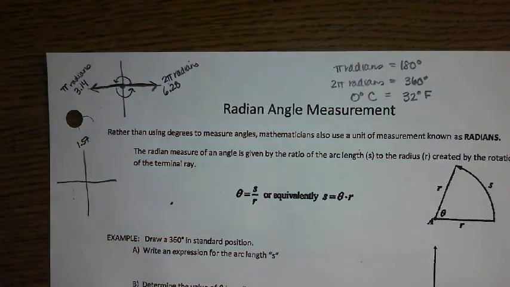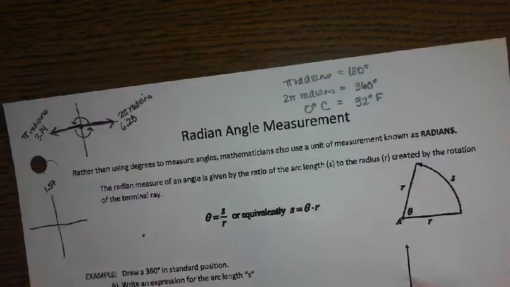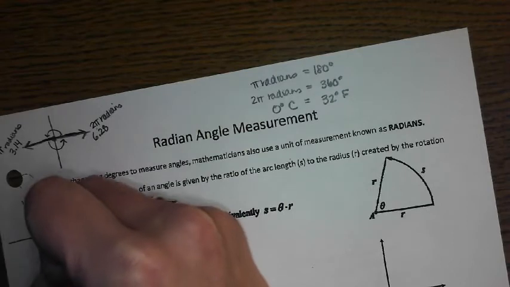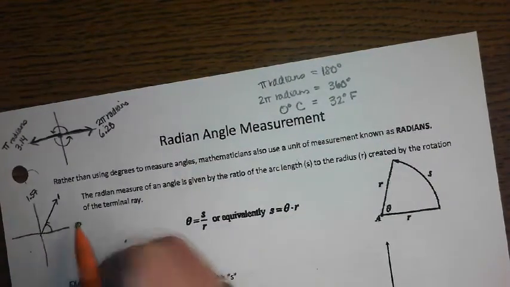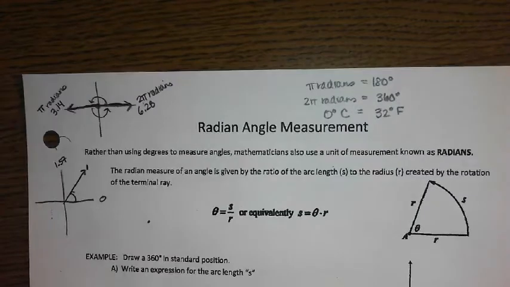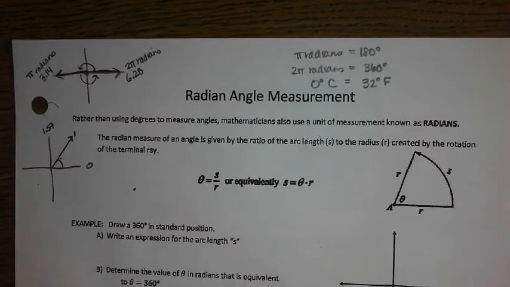Now, you're not going to deal with that number a lot, but I'm trying to get to 1 radian. Where would 1 radian be? Which quadrant? First. Okay, so you'd open up. That would be about 1 radian. 0 radians.